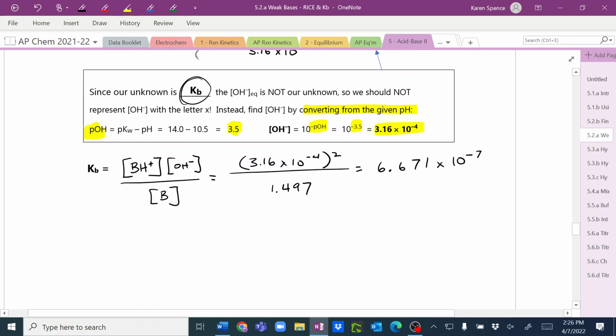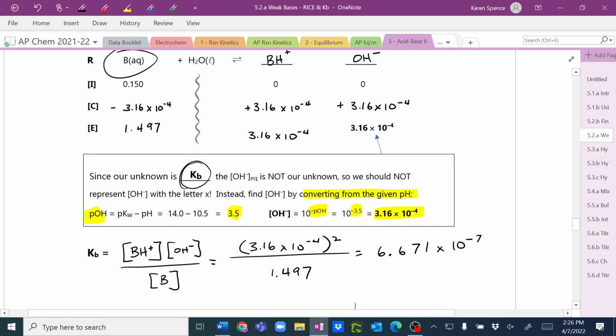Did I do it wrong? Okay, hang on. 0.15 minus, I probably punched a button wrong. 3.16 E negative 4 equals, I get 0.1497. Sorry, my decimal place is in the wrong place.